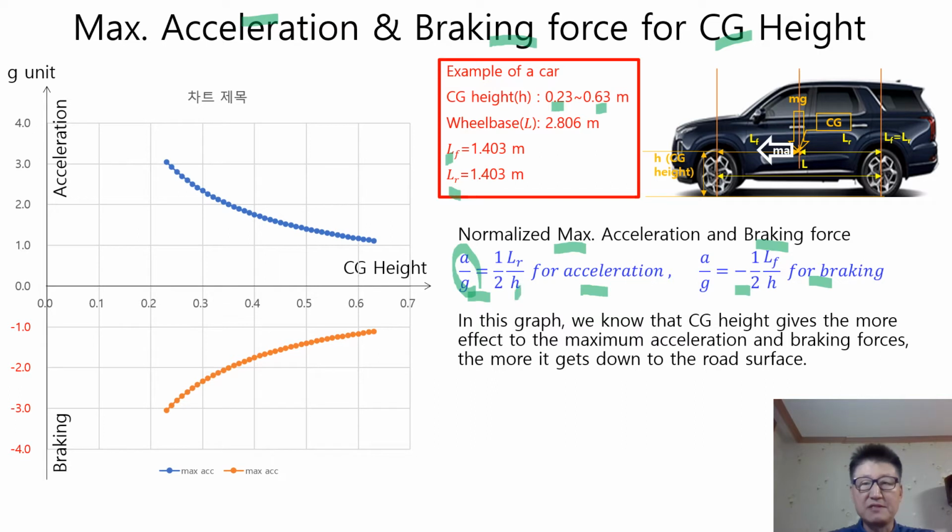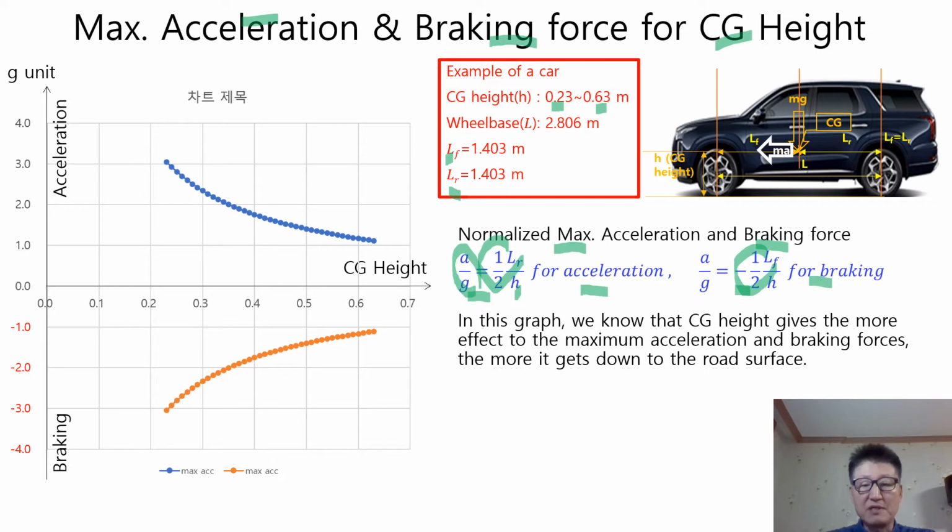When the longitudinal CG location is fixed, these functions are the same type of rational function with constant numerator, which is equal to half of L sub R for acceleration and minus half of L sub F for braking.